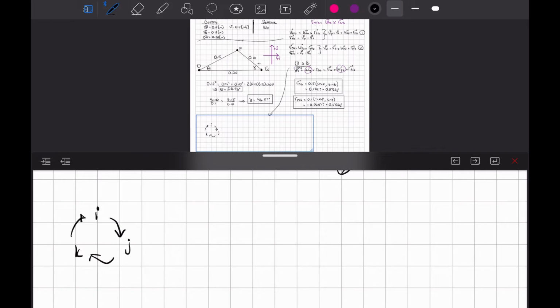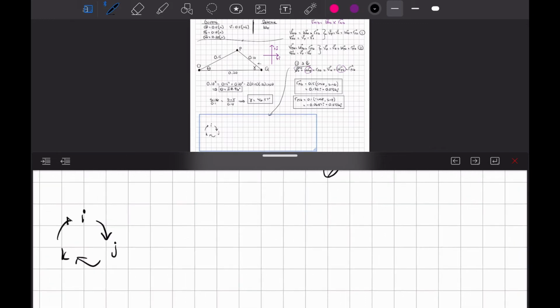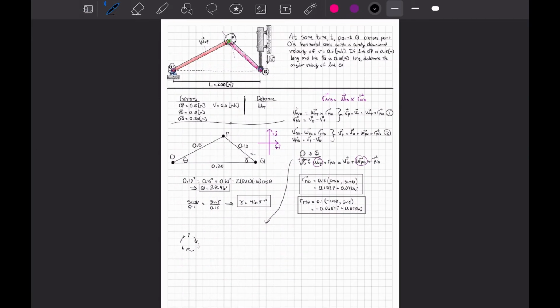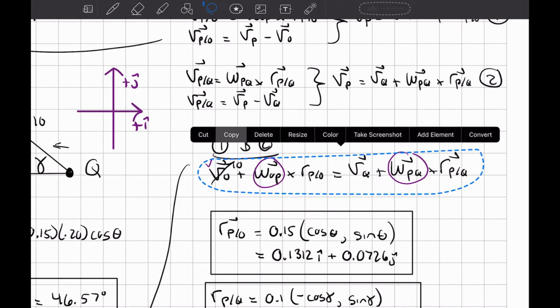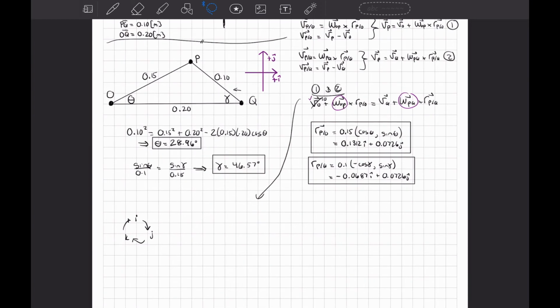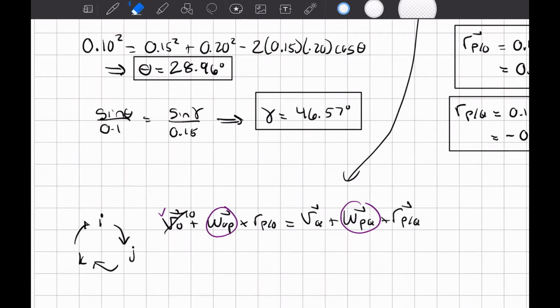But if you went the other way, you would get a negative. So we'll just keep that in mind as we proceed here. Okay, so if we take our equation, actually I might just copy this real quick just so I don't have to rewrite it. Although it may have been quicker just to rewrite it, but we'll see here.